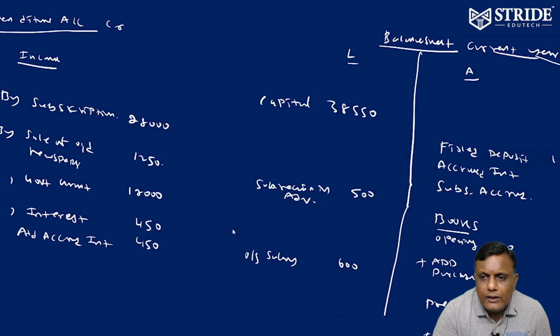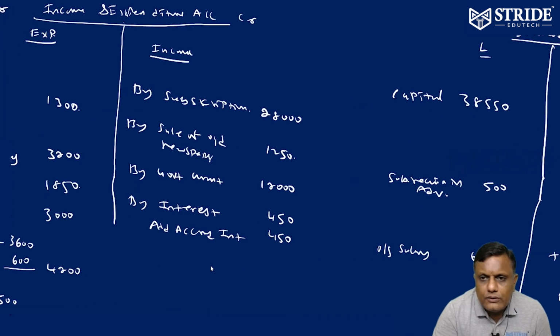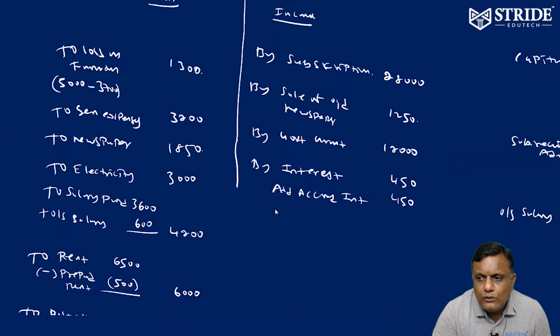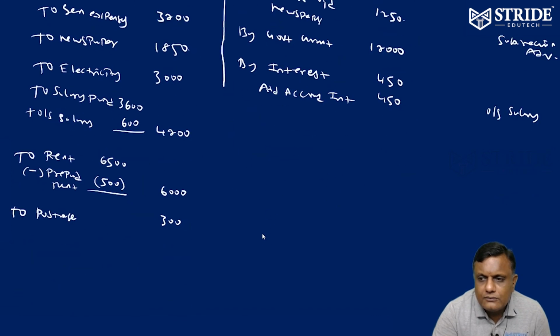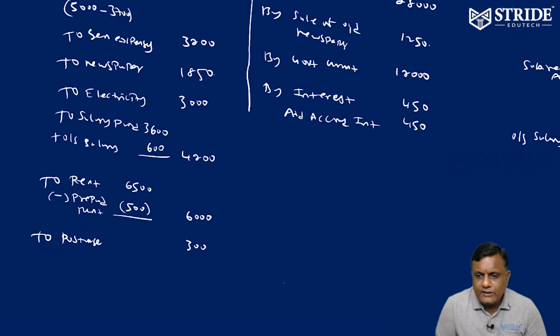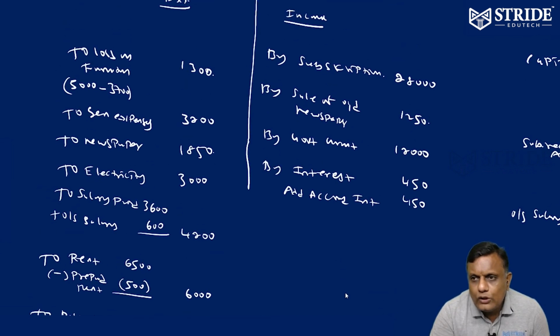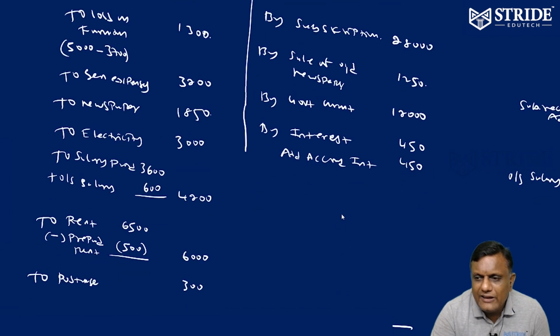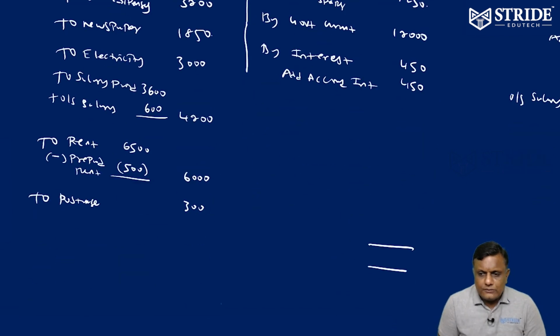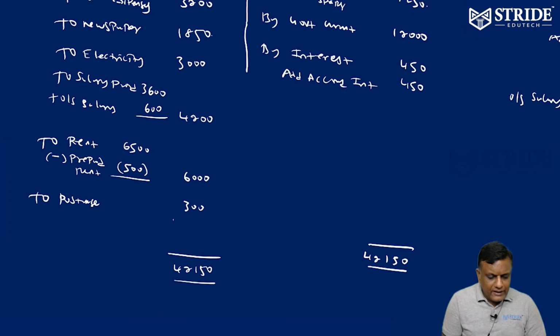Alright. Now let's close the income and expenditure account. The income side will be higher. So the total is 40,150, and here also 42,150. The missing figure, the balancing figure, is 22,300.